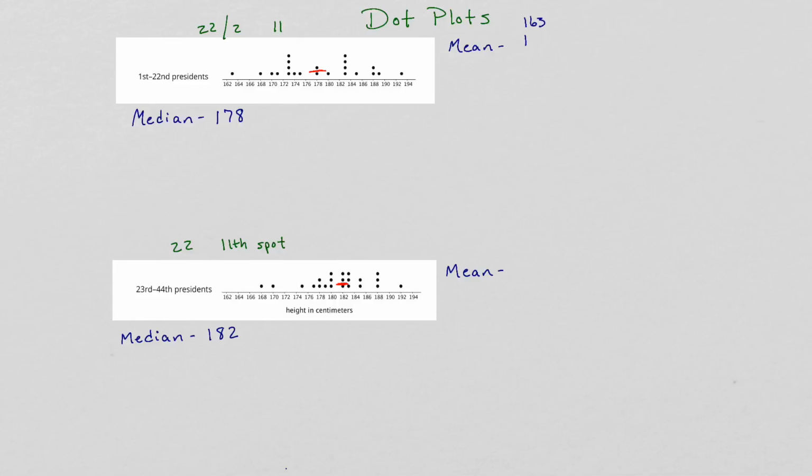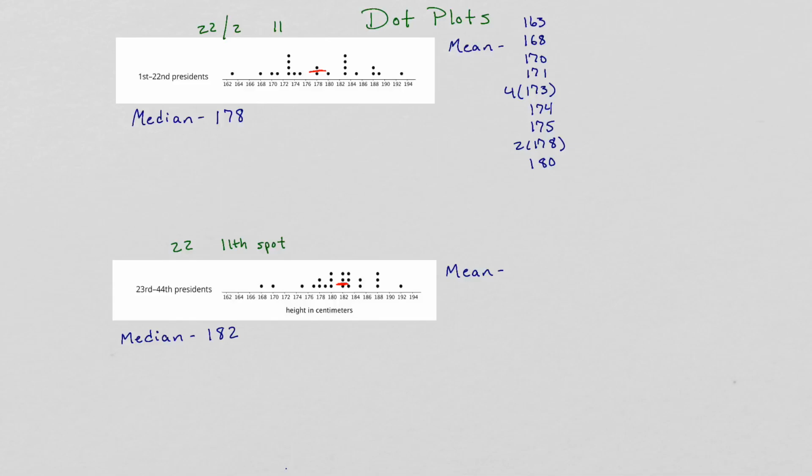163, 168, 170, 171. Then there's 4 times 173, 4 of those, 174, 175. Then we have 2 at 178, 180.